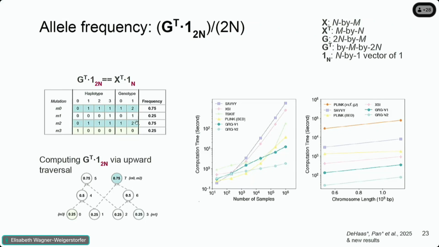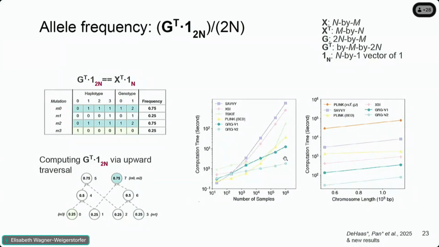So here, what I show is the time comparison. Again, this x-axis is the number of samples, y-axis is the time. This light blue color is how this allele frequency calculation works with GRG. And we can compare to other formats, including TS-KIT, that is based on ancestral recombination graph, and including Plink.